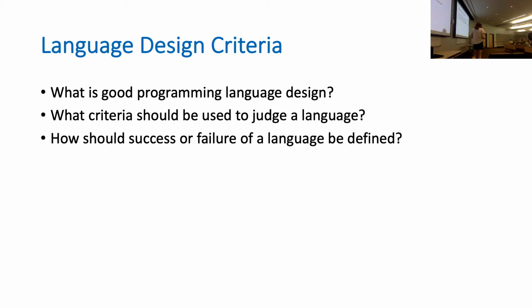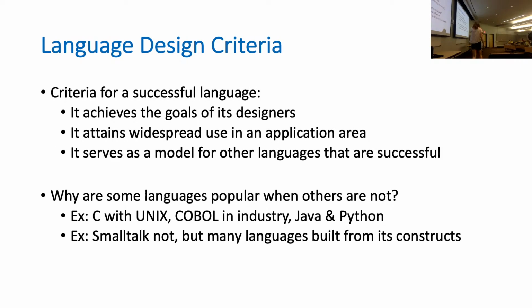Even if we're not building our own programming languages, we can still use these techniques to evaluate other languages to give us an idea of what languages are good, what languages are bad, and why. Or is it that absolute? So we're going to set up a couple of criteria for what we would consider to be successful.